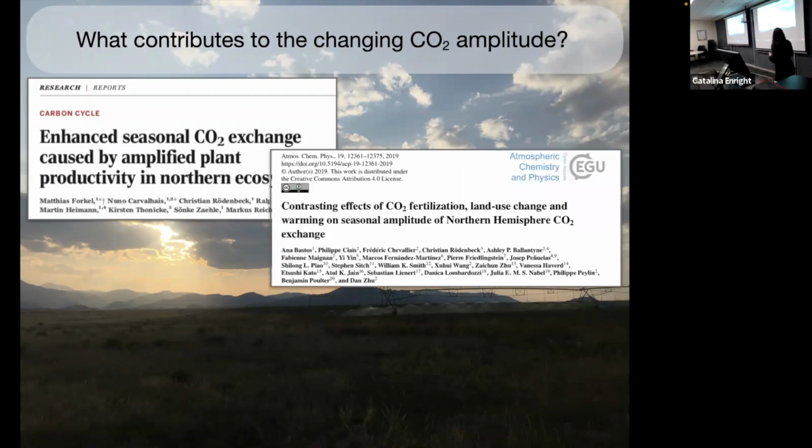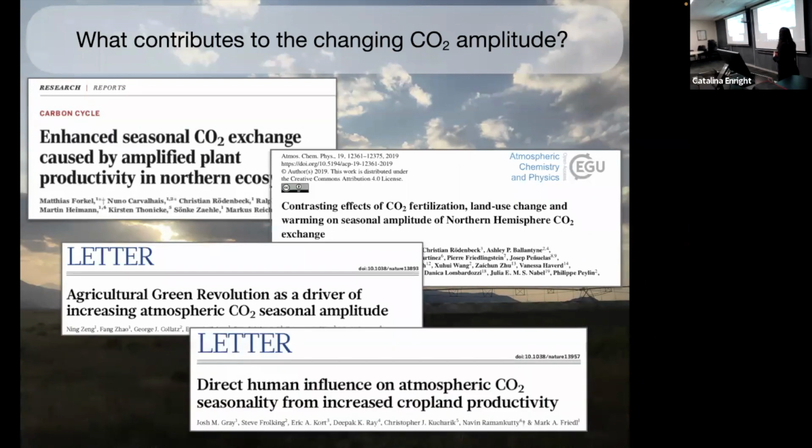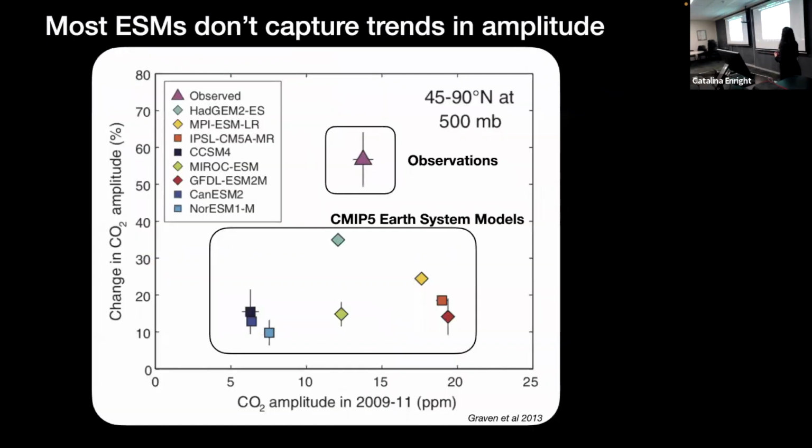There's also carbon dioxide fertilization and land use change. That's contributing, as trees are growing in more and more northern latitudes. We found that the higher carbon dioxide concentrations and also that northward movement of trees are contributing to the seasonal amplitude. And then there's some research that also shows that agriculture is an important part of the carbon dioxide amplitude. And that's important because most Earth system models are not actually capturing these trends in amplitude.